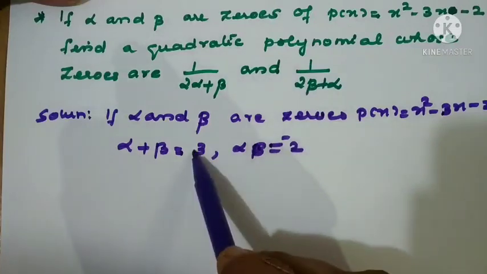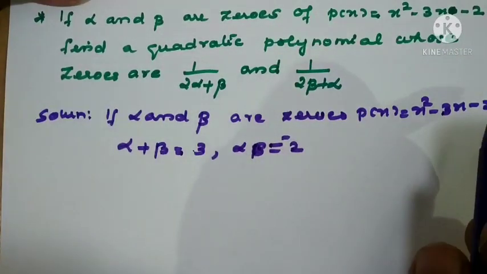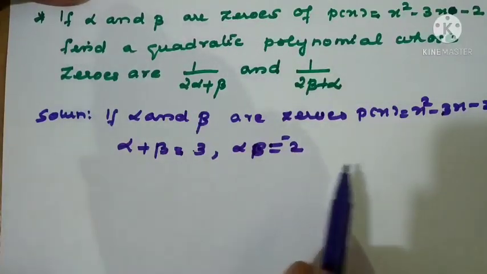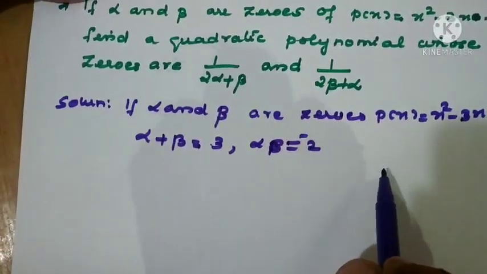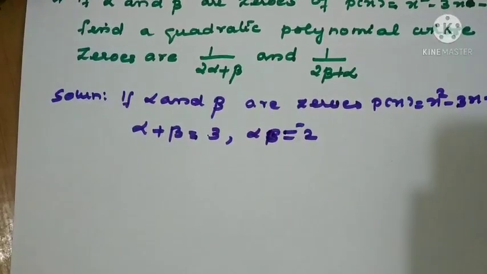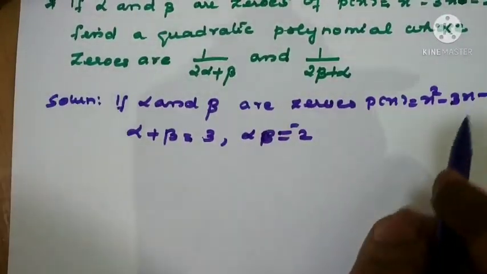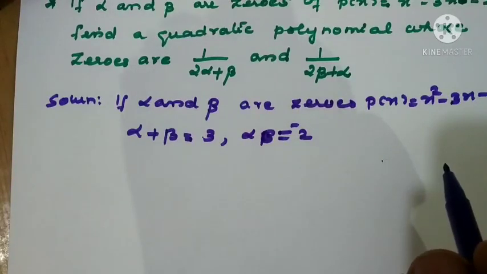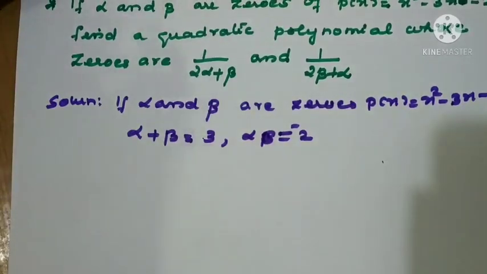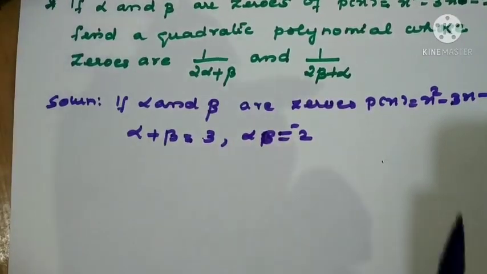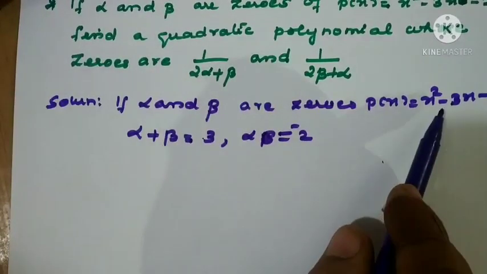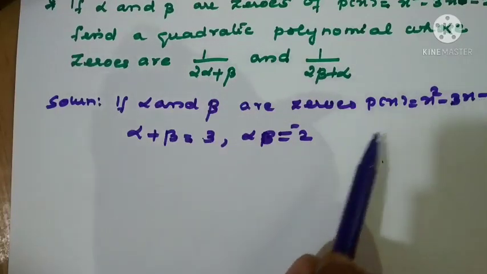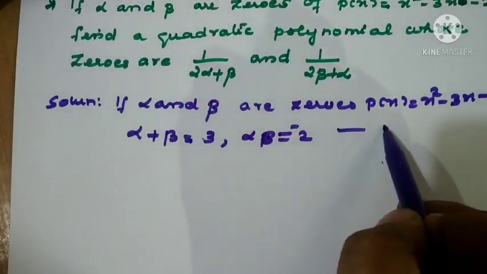Minus b by a, so minus of minus 3 is 3, and here c by a only. C by a is minus 2 by 1. It is equal to minus 2, equation number 1.